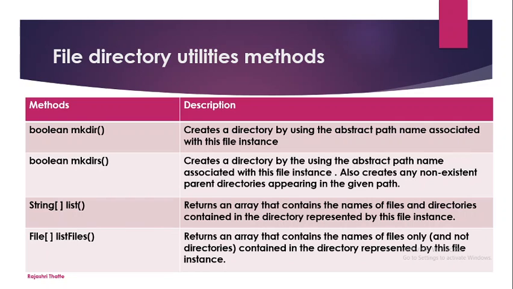Let us consider that up to bcs the paths exist on D colon. I want to create 6sem, but it should be under ty. So here I have to create two directories: first ty, and under that 6sem. So I have to create a directory structure, multiple directories. For that I have to use the mkdirs method, because we are creating subdirectories now.